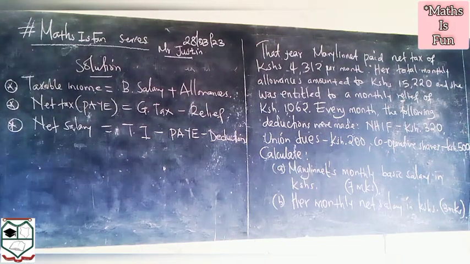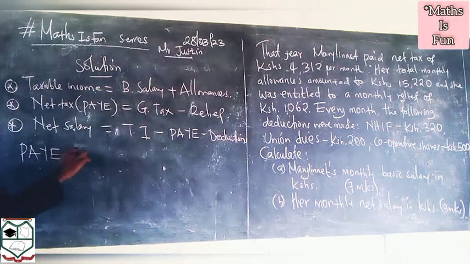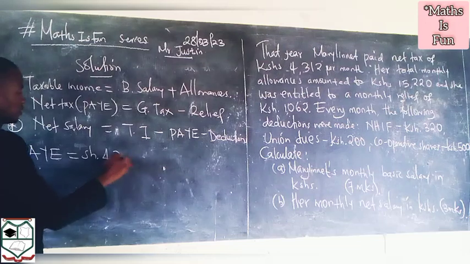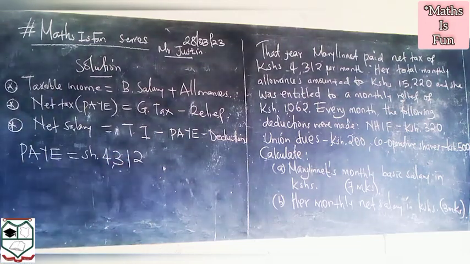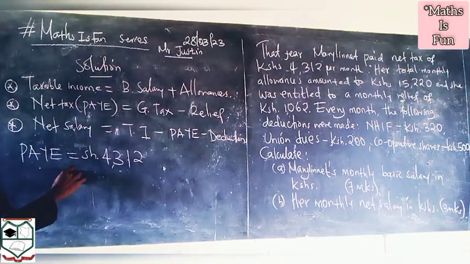And now in this question we are given the pay as 4,312 shillings. We go back to finding the gross tax.